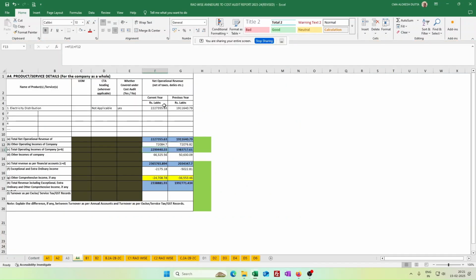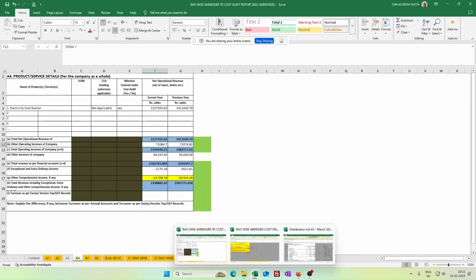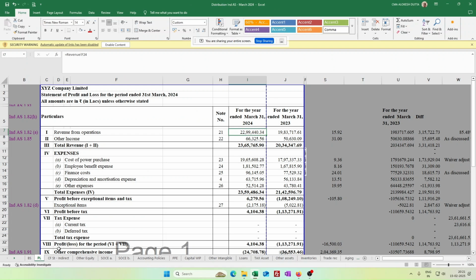But in the costing annexure we have to segregate net operating income and other operating income. Now you will ask from where I got this figure. It is as per the schedule, Schedule 21.